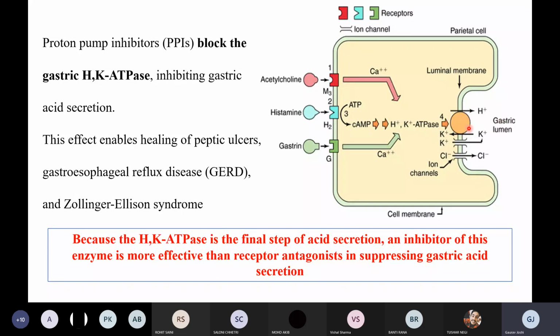So what we need is that when a drug enters this cell, it should remain confined there. So the first thing is the drug should be in the basic form, meaning as soon as it enters this parietal cell, it should get ionized, and if it is getting ionized, the higher concentration of the drug will be here, right?